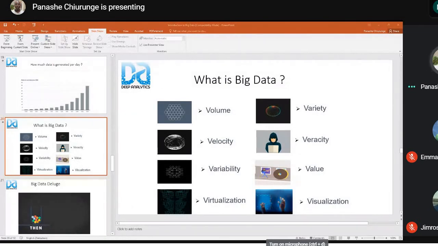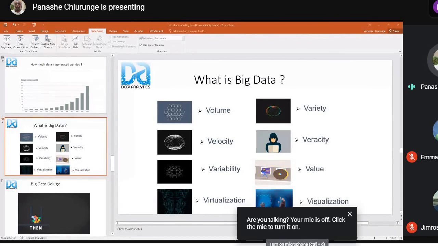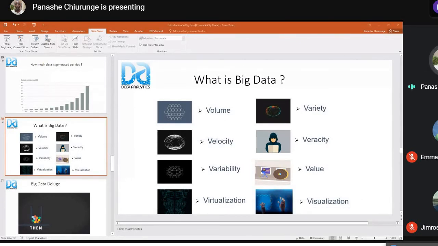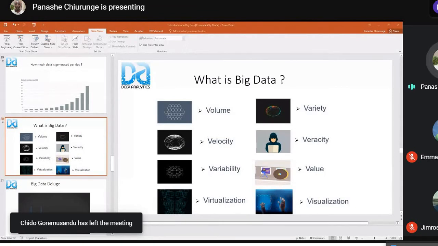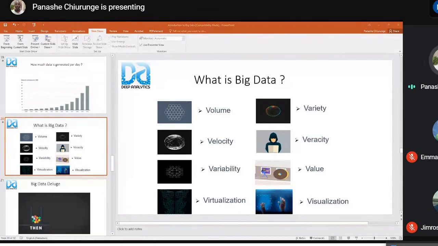Therefore you represent data in forms like dashboards, pie charts, histograms, and so on, to be able to make sense of and keep track of that data, right? So these are the 8 V's: volume, variety, velocity, veracity, variability, value, virtualization, and visualization.